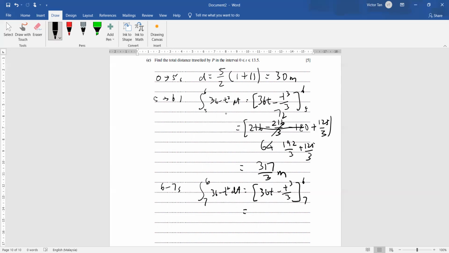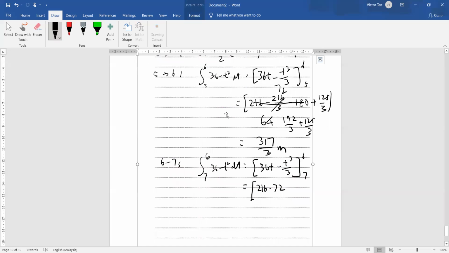At 7, again, this is the same. 216 minus 72, minus 343 over 3, plus 343 over 3 minus 6.